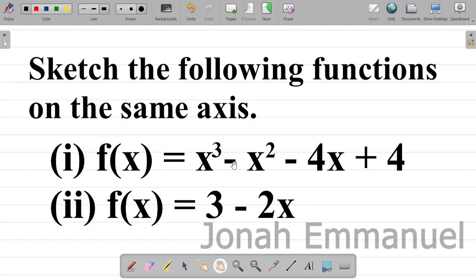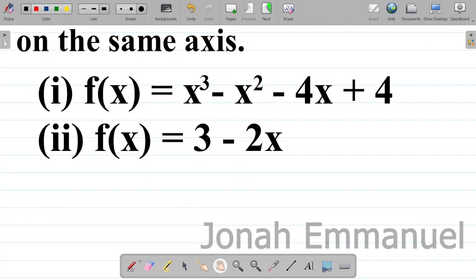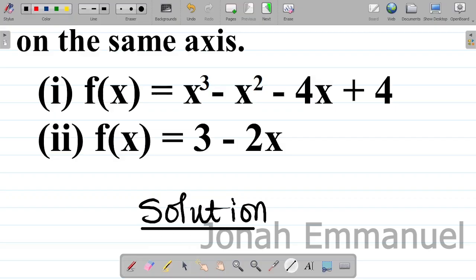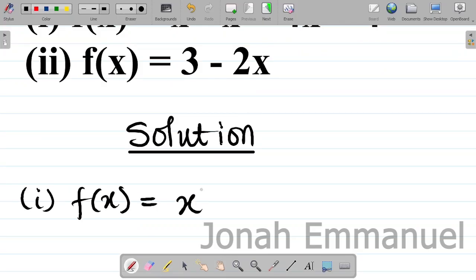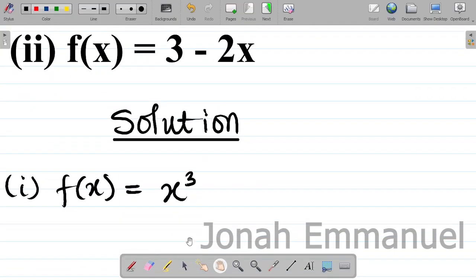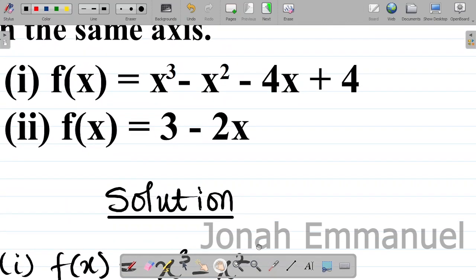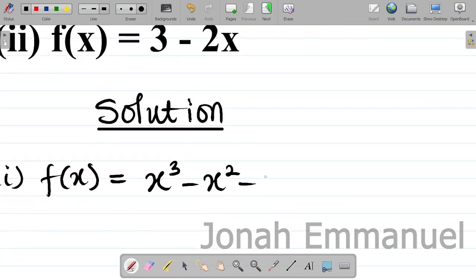Now, to solve this question, I will take the first function. Solution. First function: f of x is equal to x cubed minus x squared minus 4x plus 4.